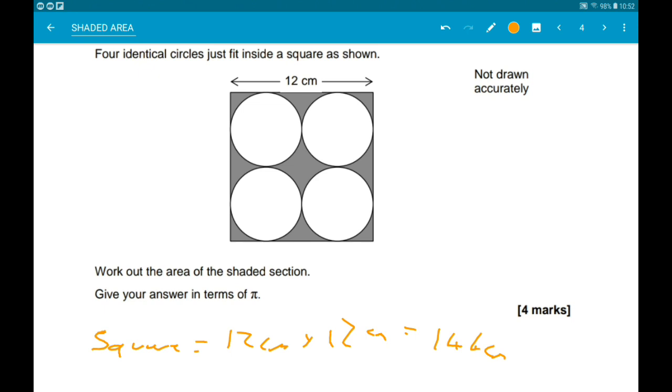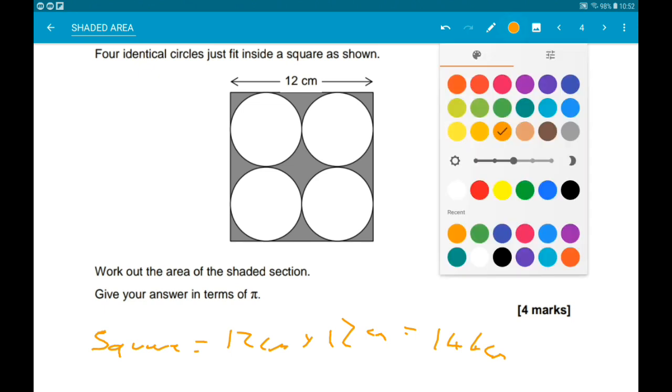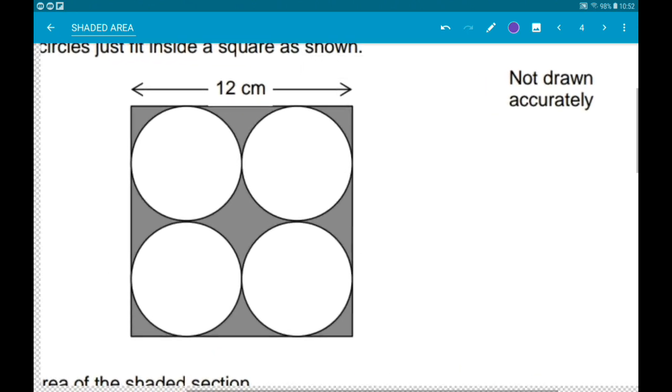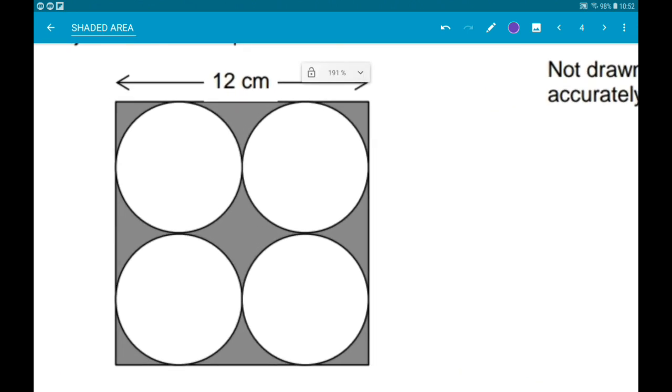Now, then what we need to know is the area of one of the circles. So, this diagram is very symmetrical. So, the diameter of one circle is going to be half the length of the square.